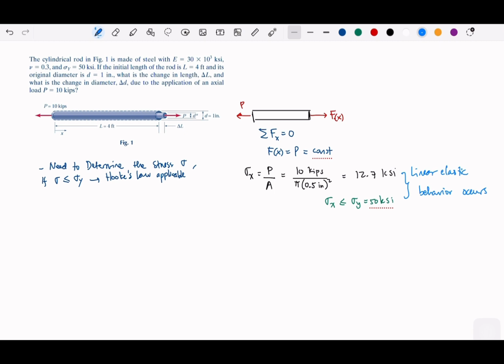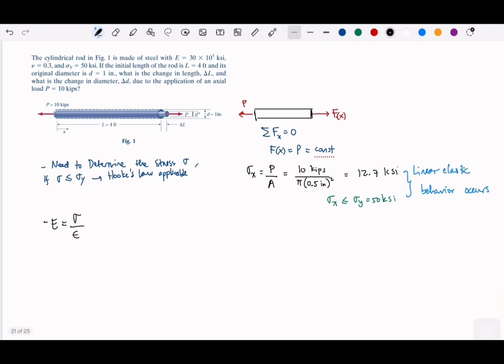And now, since we have the E, the modulus, remember the modulus is the stress divided by the strain, okay? Or in our case, in the x-axis, we can write the strain in x as sigma divided by E, or we could get sigma in terms of P over AE.